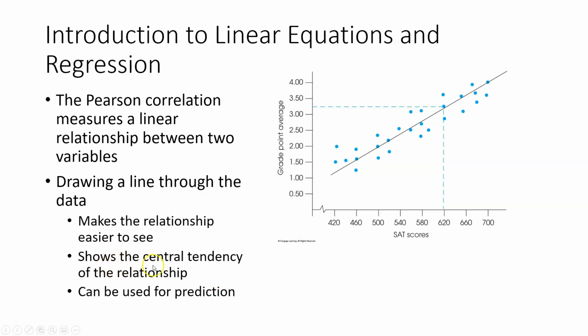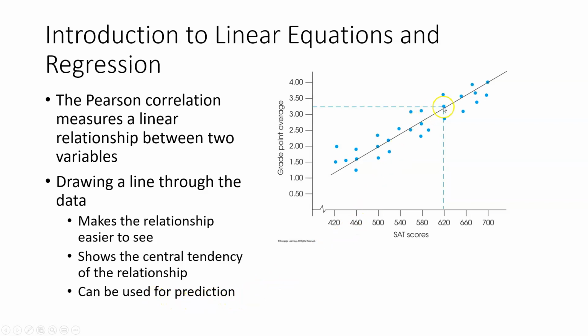When I say it shows the central tendency, I mean just like the mean of a set of scores shows the center of the distribution by one definition, the line of a correlation or a scatter plot of data points shows the middle, the center of that set of scores. So it shows the central tendency, where the scores tend toward the center. What's the middle of the scores? And as I said, it can be used for prediction.